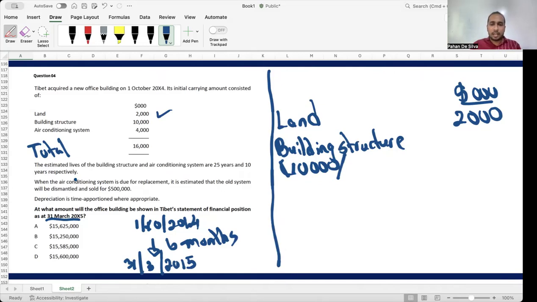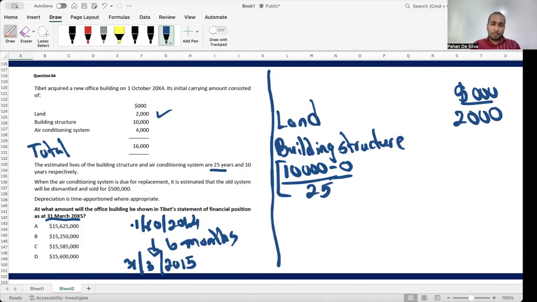So I am deducting zero as the residual amount. The useful life of the building structure, as per the question, is 25 years. So 10,000 divided by 25 will give us the annual depreciation.